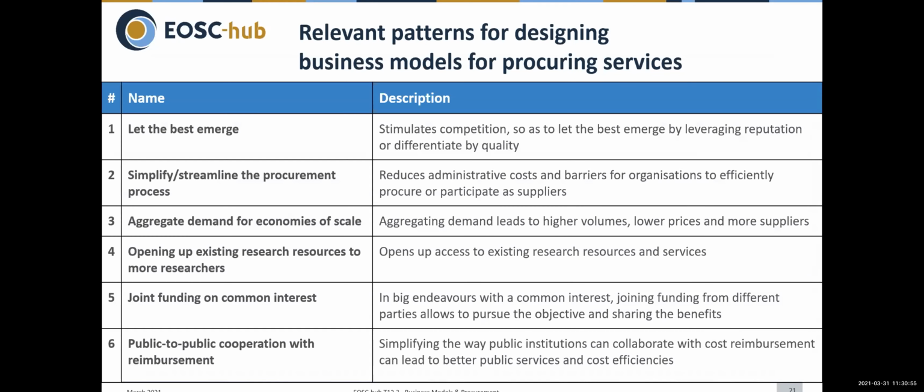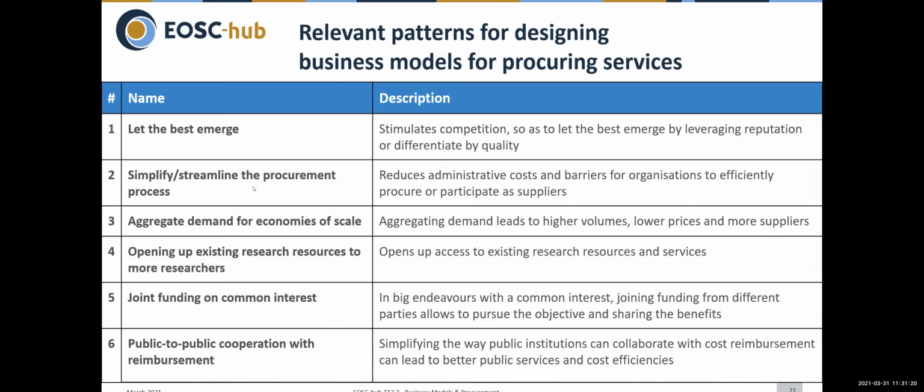As Sergio was saying, we also identified patterns, so design principles that can be reused broadly. Of course, they stem from the business models, more or less. I'll go briefly into these. Let the best emerge is the plain case of procurement, stimulating competition, and so on.